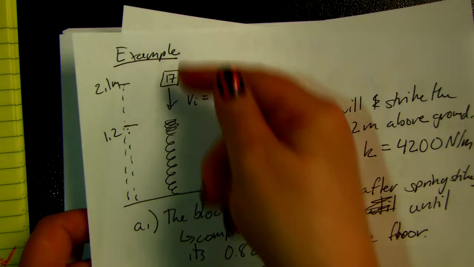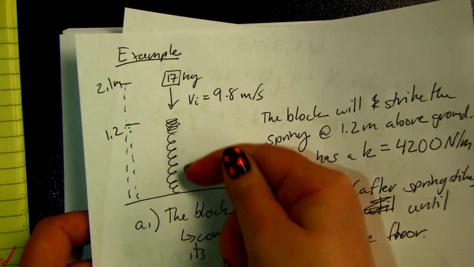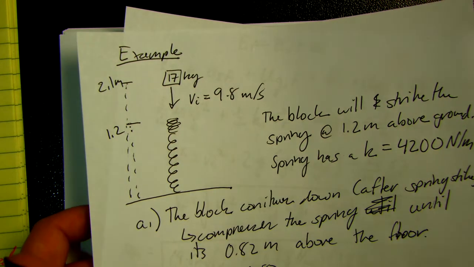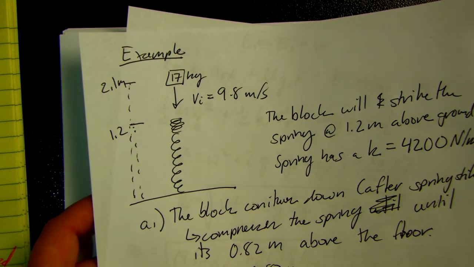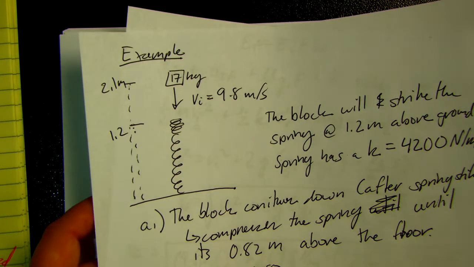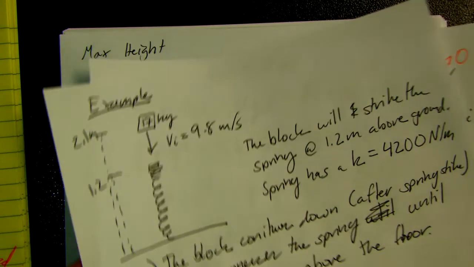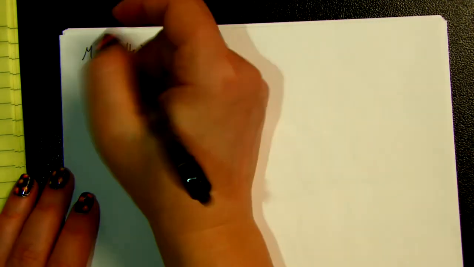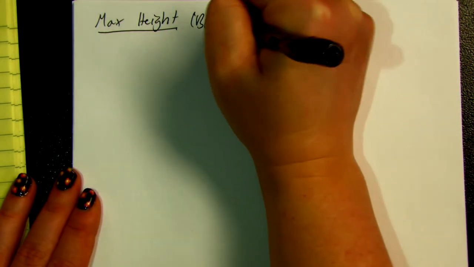It's going to compress the spring, and then the spring, being that it's now been compressed, it's got a bunch of energy, it's going to want to then re-lengthen, and eventually it's going to fling the block up into the air. And we want to know how far is this spring going to fling the block up into the air. So this is not the maximum amplitude of the spring, this is the maximum height that the block is flung.